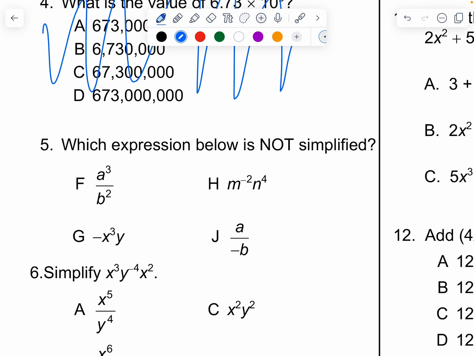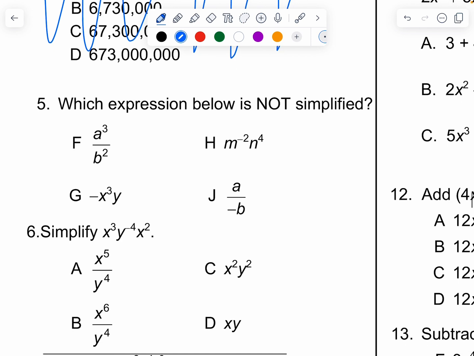What expression below is not simplified? In this unit, we talked about simplified answers not having negative exponents in them. So H is not fully simplified because of that negative 2. G is not fully simplified.